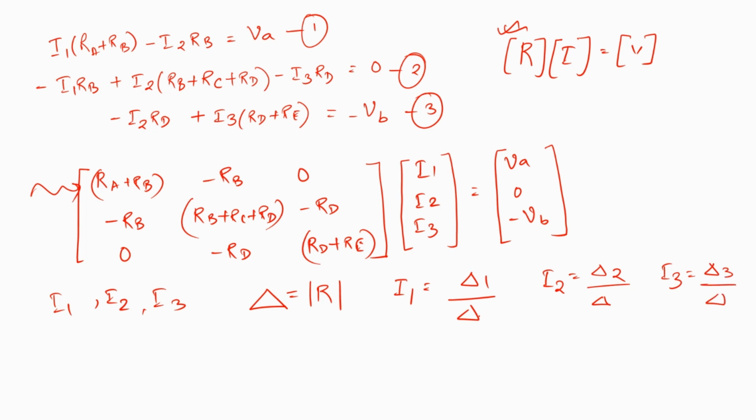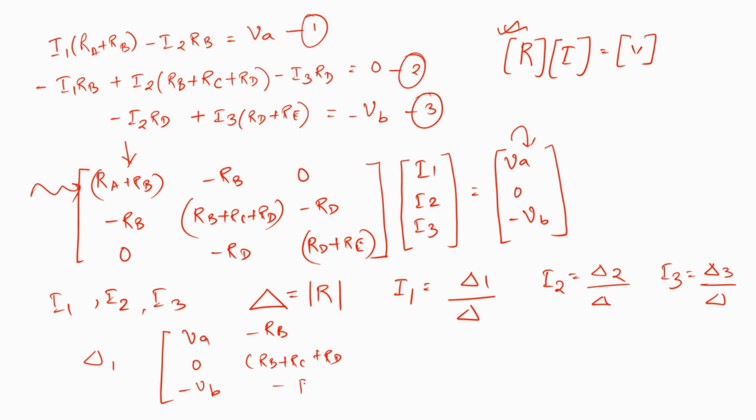Here, del is nothing but the determinant of the matrix R. Now, what are del 1, del 2, and del 3? If I want to compute del 1, I have to replace the first column with the constants of these equations. So I can replace the first column of my resistance matrix with VA, 0 and minus VB and retain the rest of it.